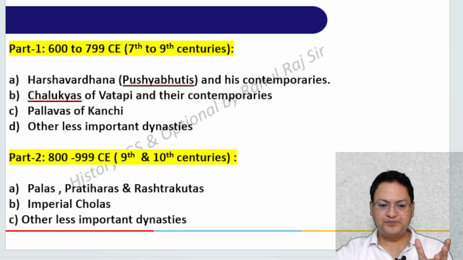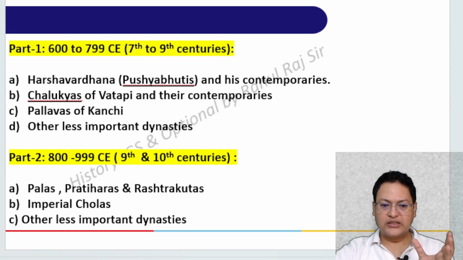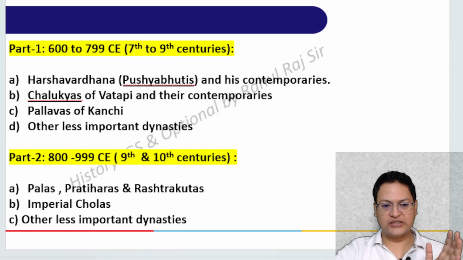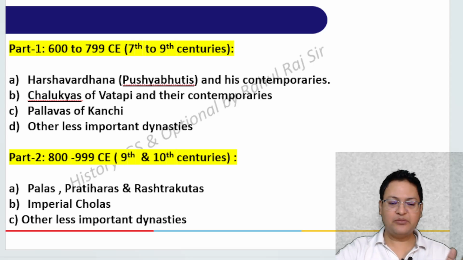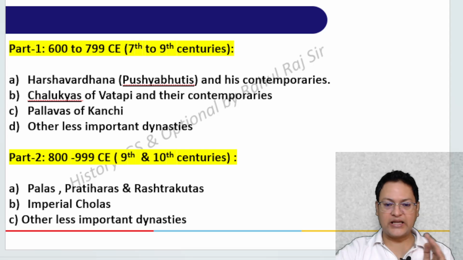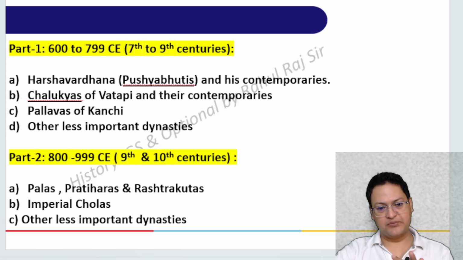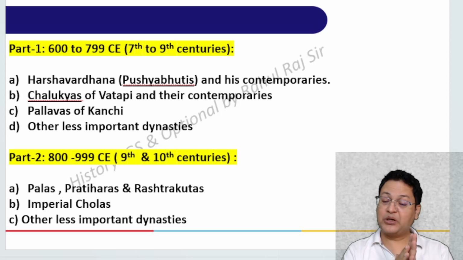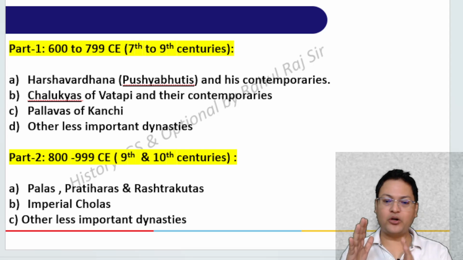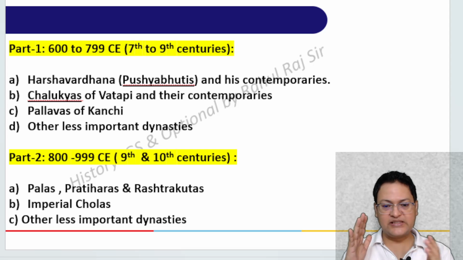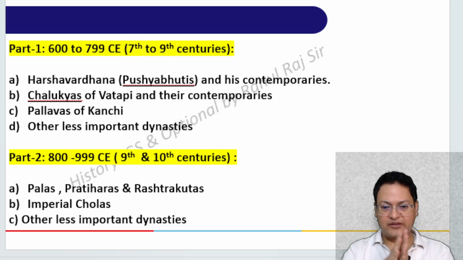In part 1, Harshvardhan and his contemporaries, the Chalukyas of Vatapi and the Pallavas of Kanchi, these three are the main actors, and there are other actors also. Other actors are important for prelims, and these are for mains as well as prelims. Whatever is important in mains is automatically important for prelims, but whatever is important for prelims may not necessarily be important for mains, like the minor dynasties. When we see the PYQs, you will understand this, right?